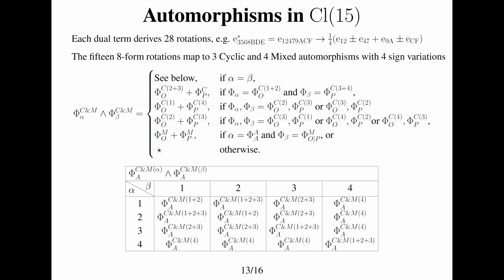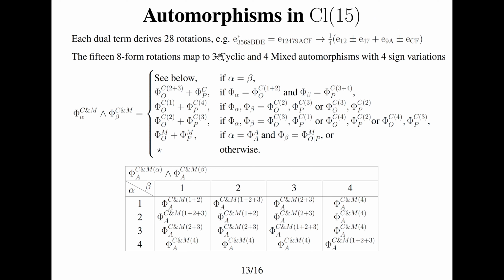Automorphisms normally form a group, a closed algebra, and G2 is elements like E12 times E plus E47, 21 of them, and we can look at the spin group for the sharp algebra in 15 dimensions, and we find we have 28 rotations for every one of the 15 terms.